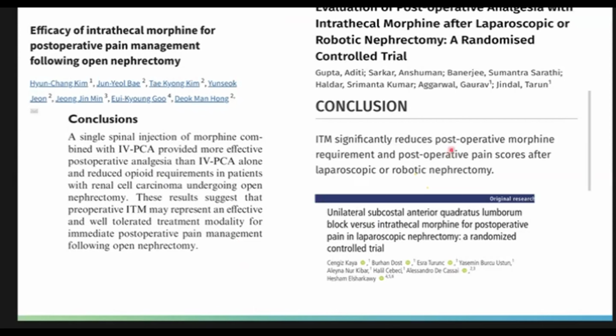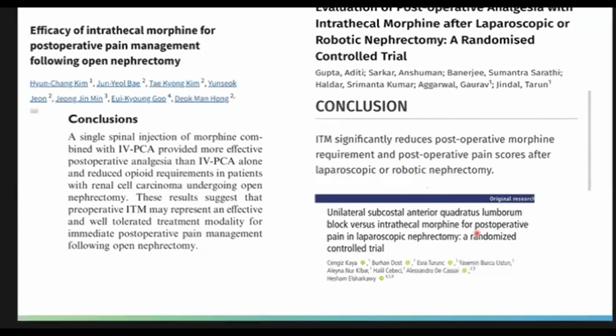The second study by Gupta et al. also used intrathecal morphine, but along with 1 ml of 0.5% bupivacaine; 200 mcg of intrathecal morphine was injected, and it significantly reduced post-operative morphine requirement and post-operative pain scores after laparoscopic and robotic nephrectomies.